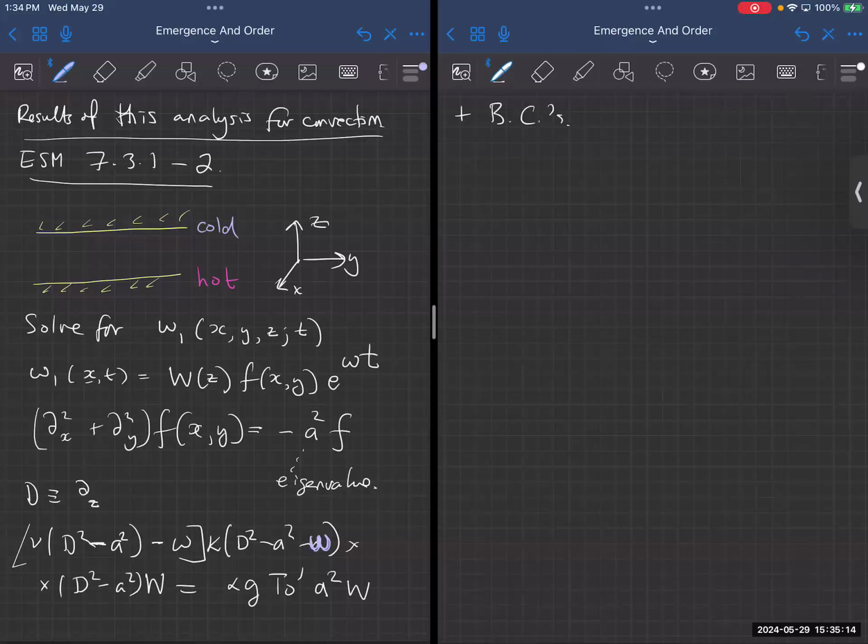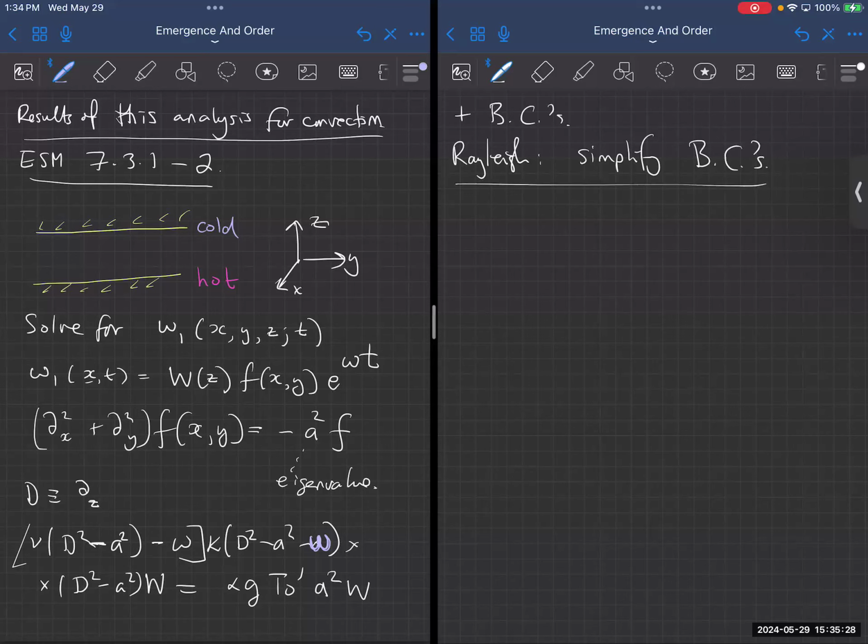Okay, so what you do is simplify the boundary conditions. When you simplify the boundary conditions, what you end up with is the following. There's a quantity which I'm going to define to be a star squared, which is a squared plus n squared pi squared over d squared, where d is that separation.